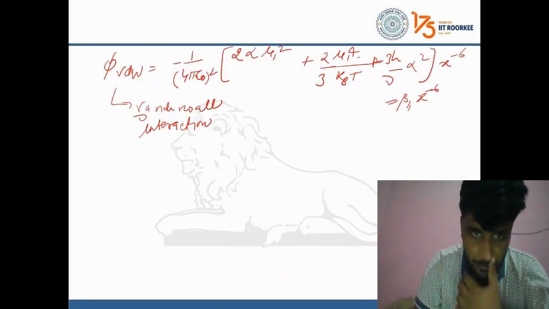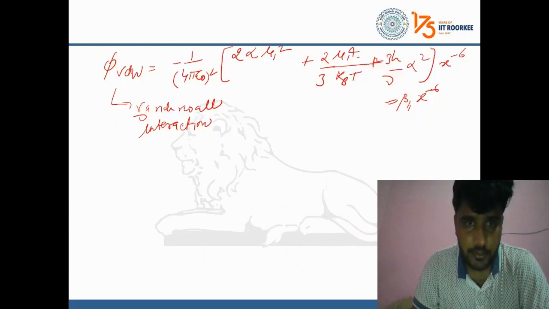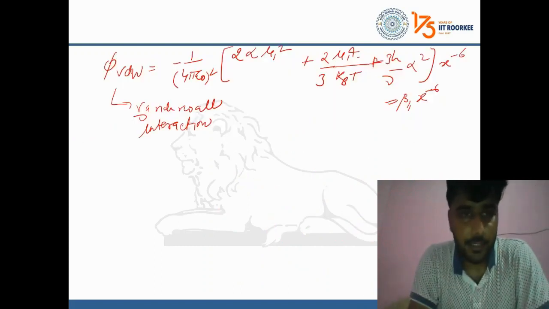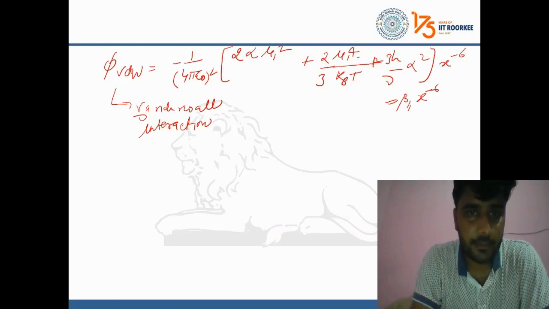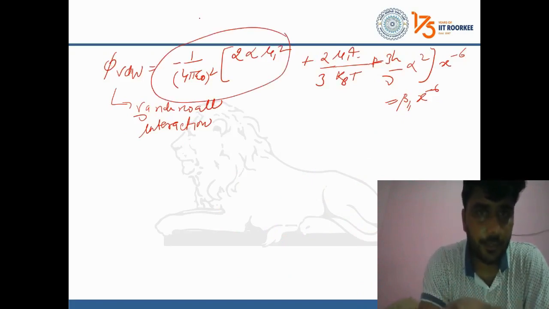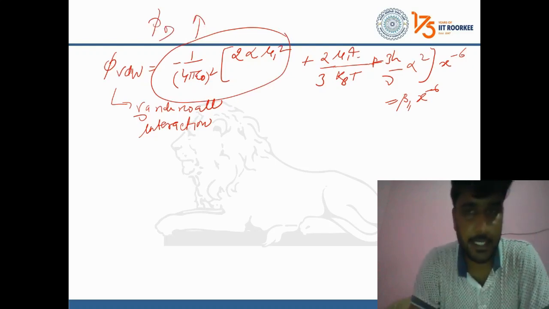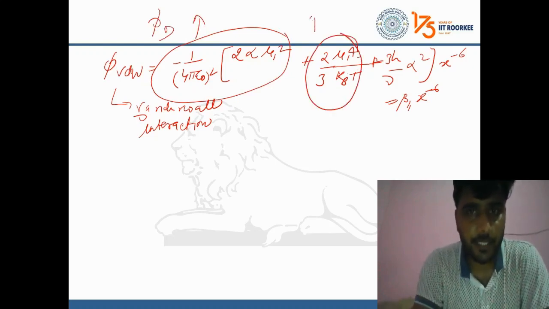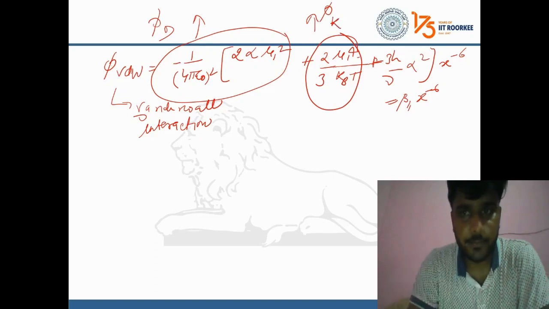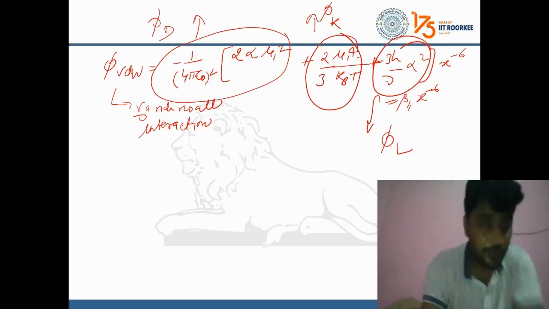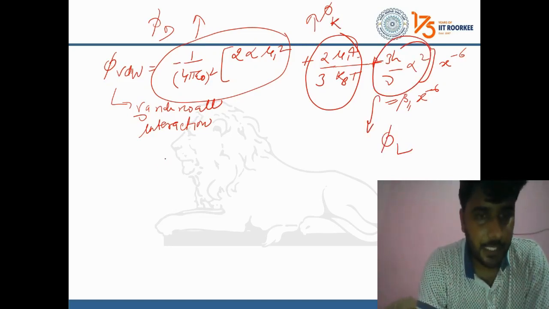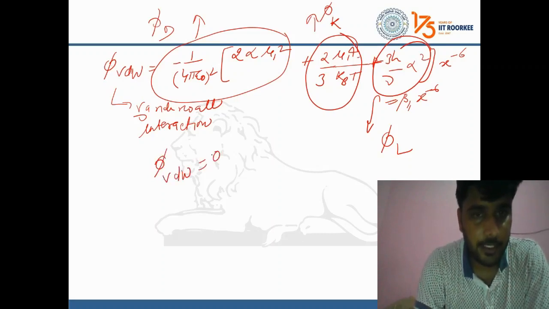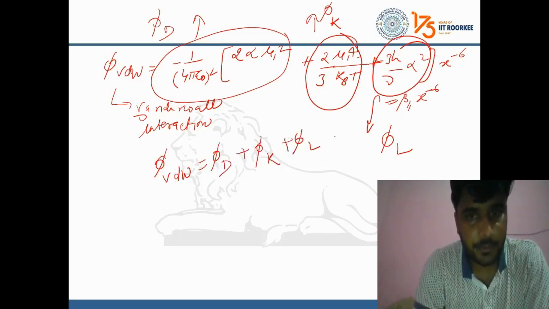So this is the interactive term that we write for the van der Waals interactions. This term is for phi d, that is the Debye interaction, this term will be the Keesom interaction, and this term will be phi n, that is the London interaction. So we can write in a collective manner the van der Waals interaction is normally a summation of Debye plus Keesom plus London interaction.